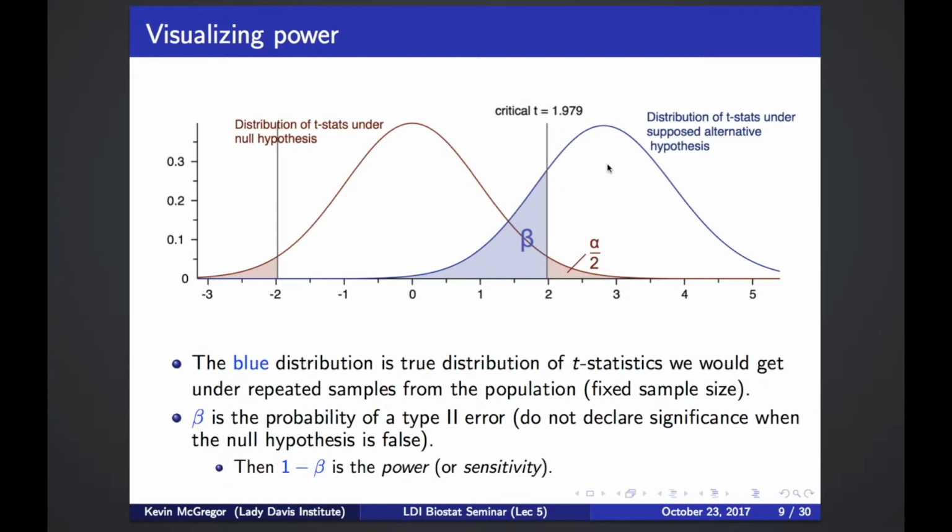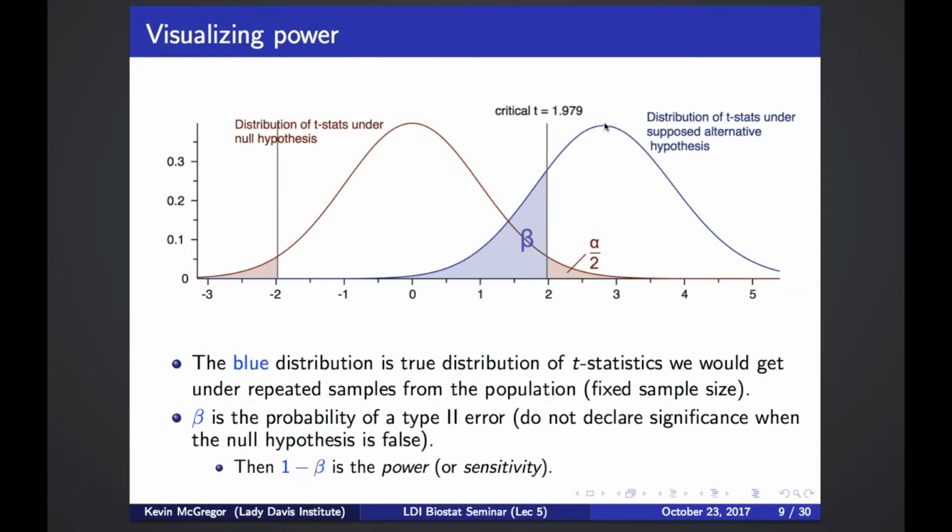Remember that we're assuming that this blue curve is the true distribution. So if you look at the proportion of times under this blue curve that we fall to the left of this critical value, that would be the proportion of times where we make a type 2 error.